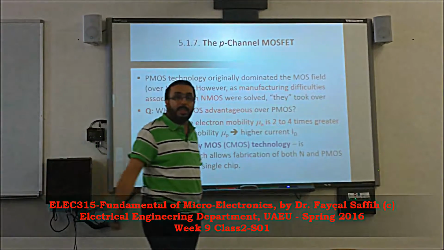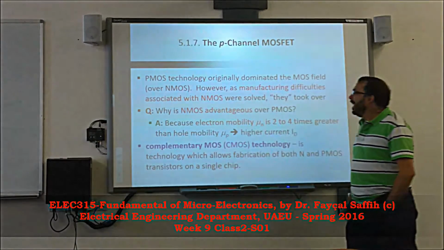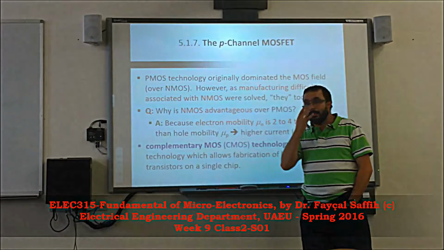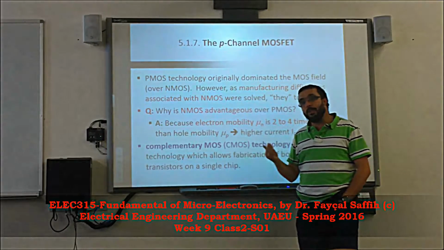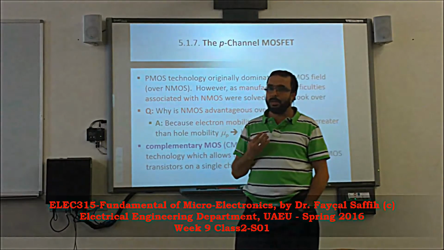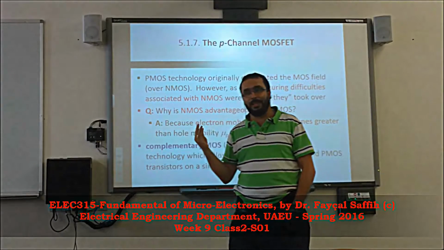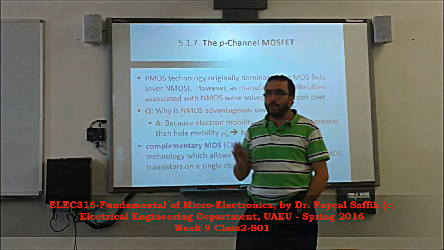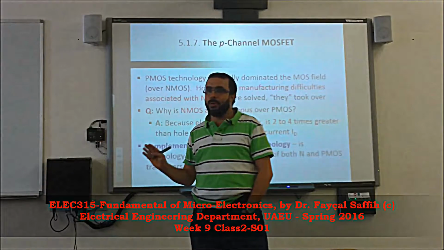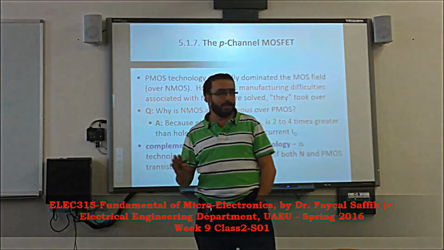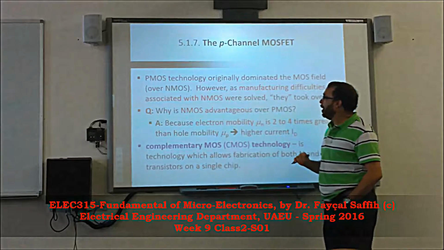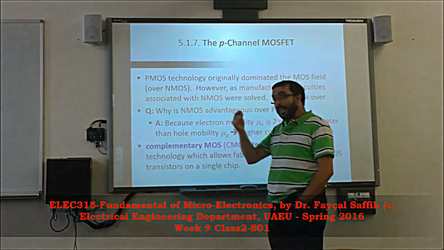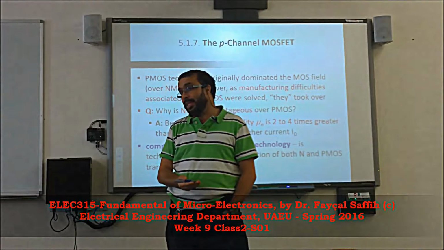Alright, some history, to give you a flavor. Initially, MOSFET technology was kicked off by the PMOS. It was the main running horse, or running camel if you want, because here in this place we use camels, yes or no? It was the big boy. Then the manufacturing of NMOS improved. Again, we said the holes are slower than the electrons.